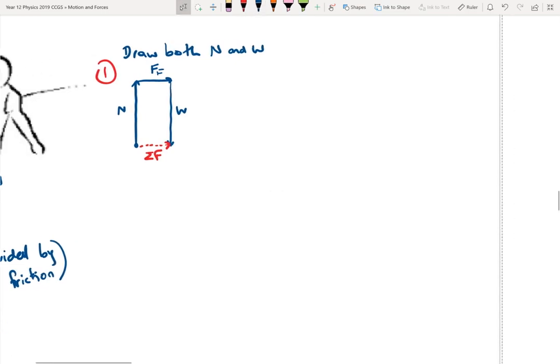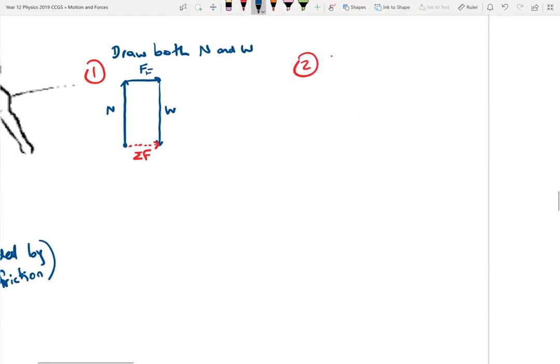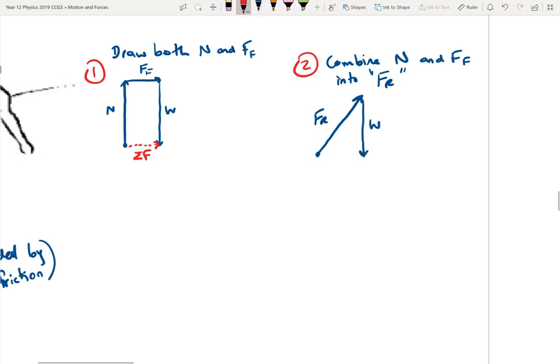The other option is to combine N and Ff, sorry. Combine N and Ff into a reaction force. And so this is also acceptable. And I'll just add equals F, produces F centripetal.